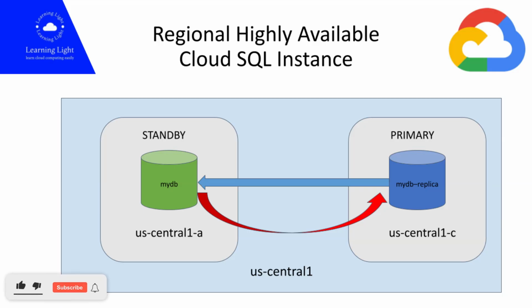So, in the last lecture, we saw how we can create a highly available regional Cloud SQL database. In that lecture, we saw we can easily fail over the database from one zone to the other zone, to use the standby replica when any disaster happens in the primary zone.